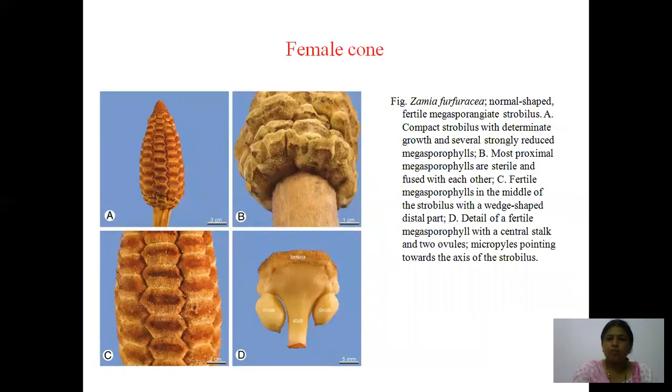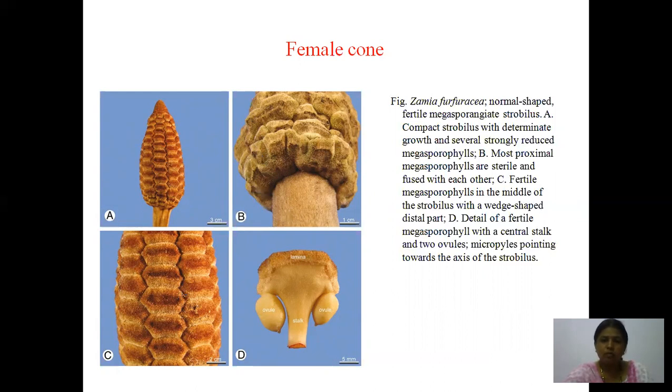In Zamia furfuracea, this is the normal shaped megasporangiate strobilus, a compact strobilus with determinate growth and several strongly reduced megasporophylls. In this species, most proximal megasporophylls are sterile and fused with each other.